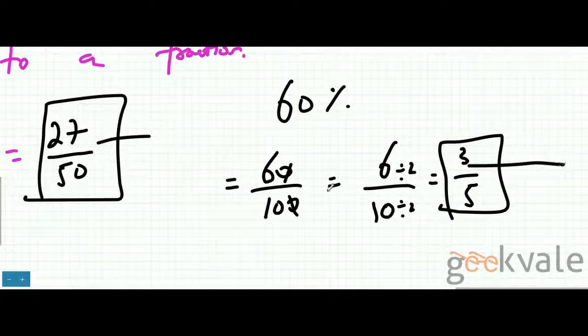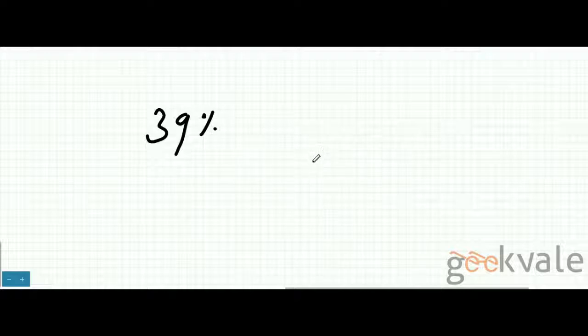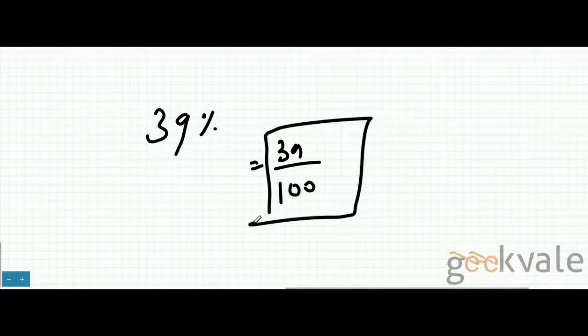As simple as that. Okay, let's try another example. Let's say I have 39%. To convert that to a fraction, we will do 39 over 100. And now 39 over 100, they don't share a common factor. So this will stay as it is.